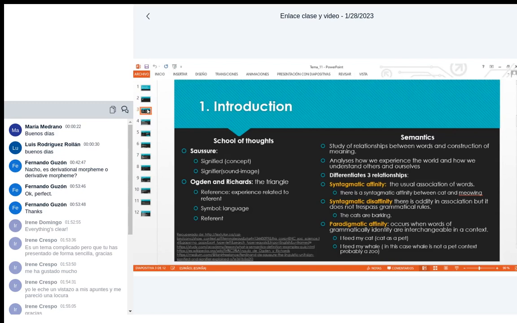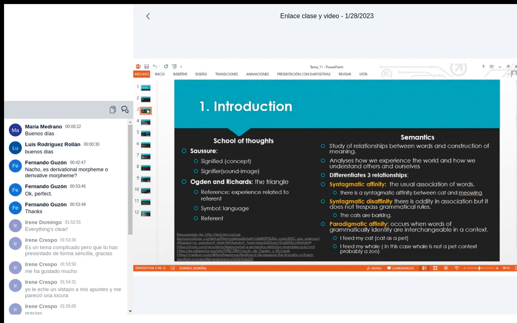In other words, it refers to the cohesion and coherence between words. For example, if we use the word cat, we are going to be expecting words like meowing or beautiful or kittens and so on.